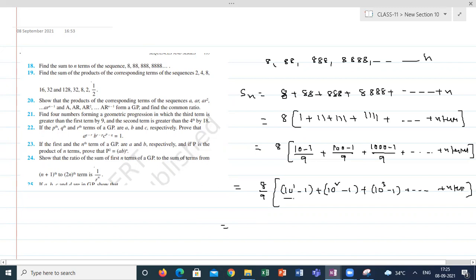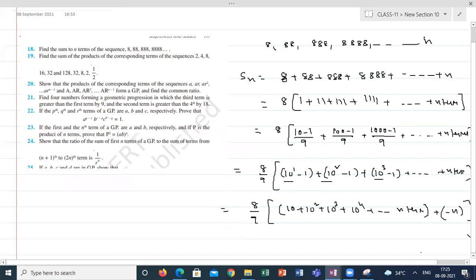So 10, 10 square, 10 cube up to n times. So 8 by 9, this can be written as 10 plus 10 square plus 10 cube plus 10 power 4 plus and so on n terms. And minus 1 n times. So this is minus 1 minus 1 minus 1 up to n times, that is minus n.